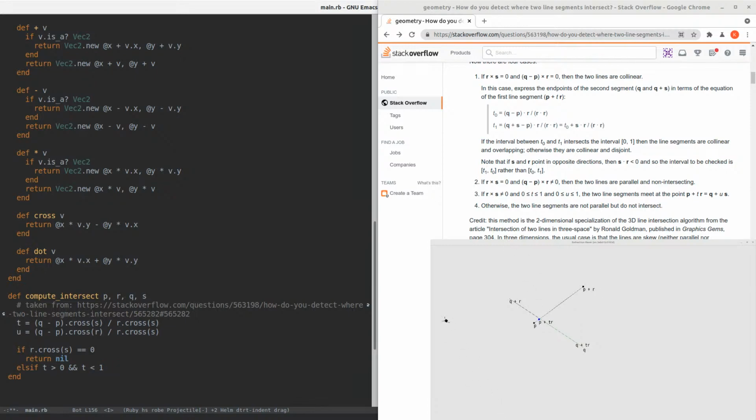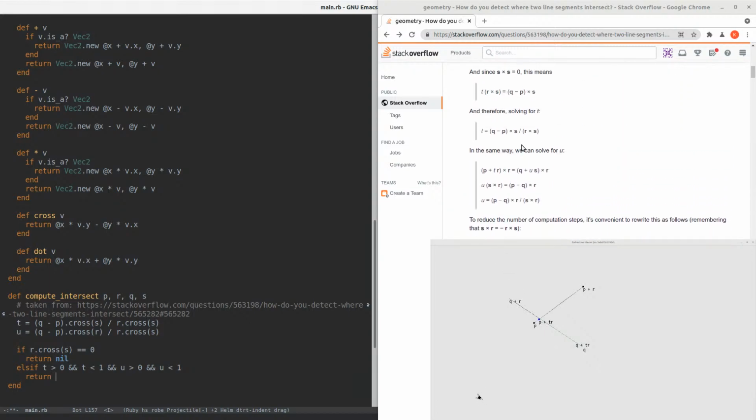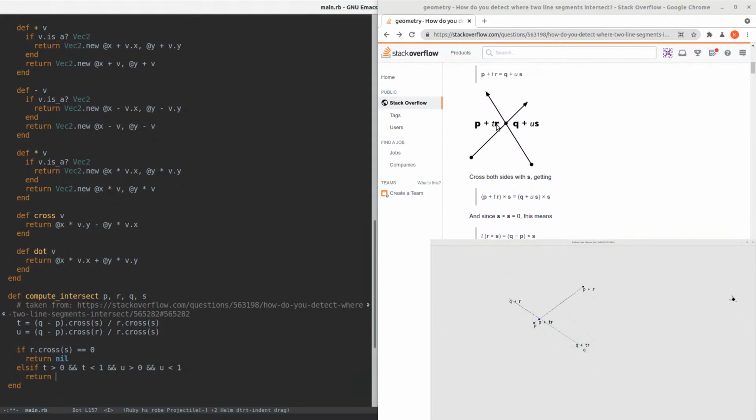Then we can also say if u is greater than 0 and u is less than 1, then we want to return our coordinates, which are defined, as we mentioned before, as p plus t times r. And because it's the same point, it doesn't matter which one you use.